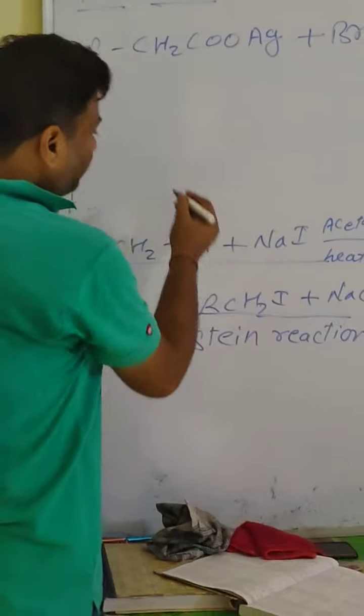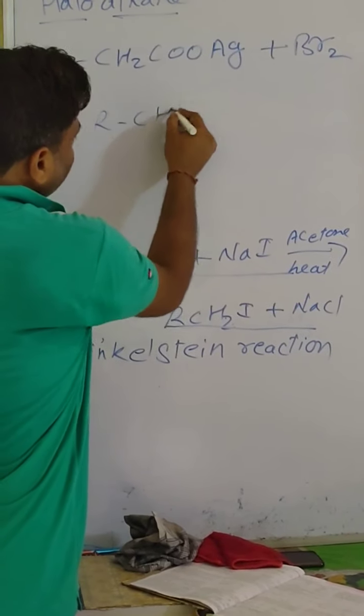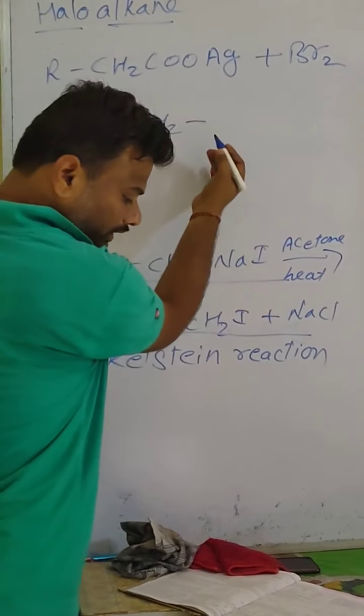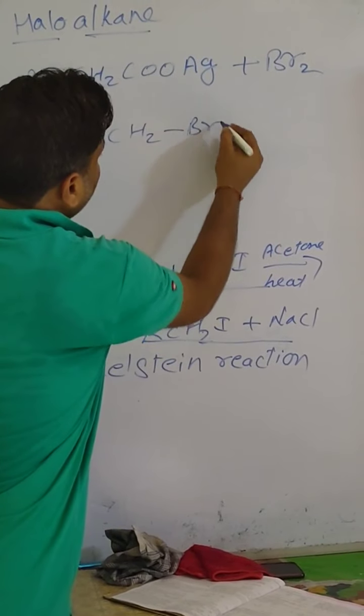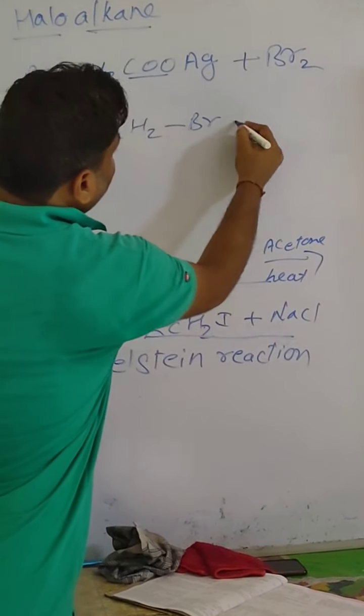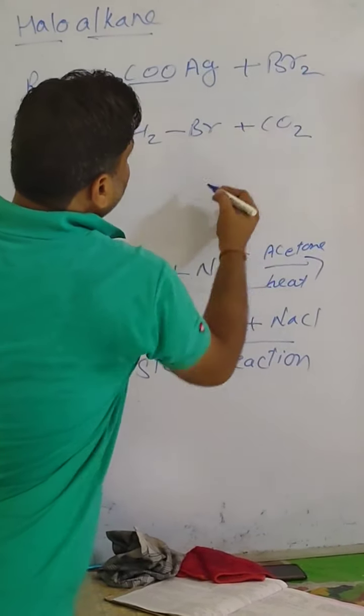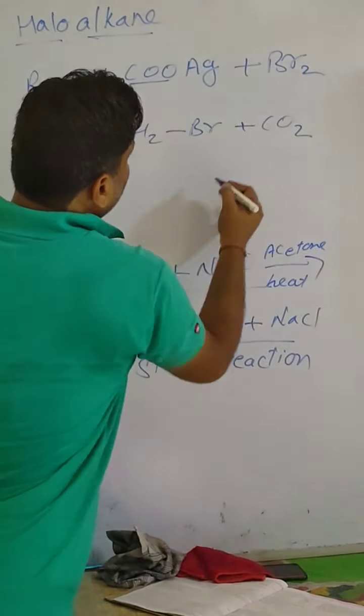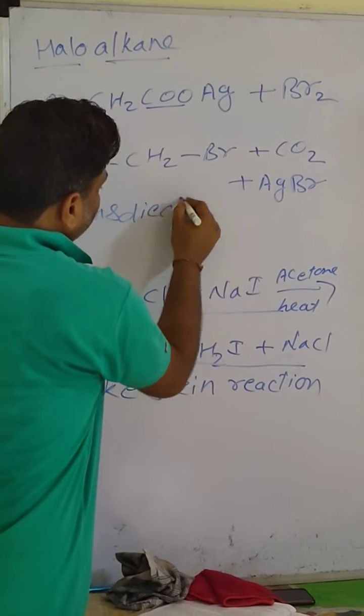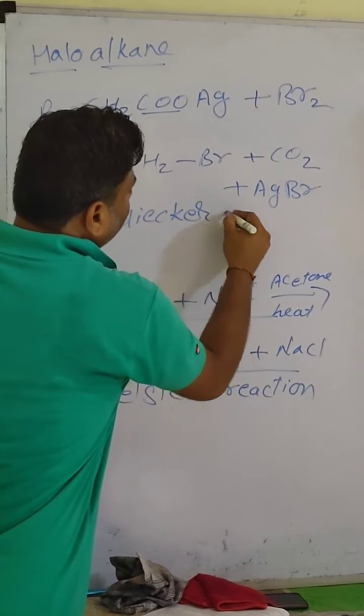Here the COO becomes CO2, and it forms AgBr. This reaction is known as the Hunsdiecker reaction.